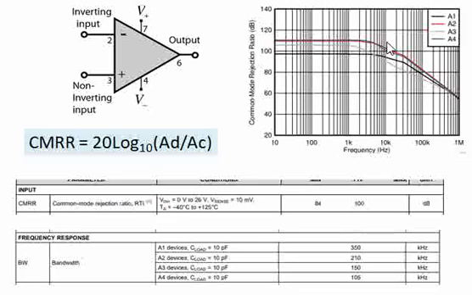From now on, if you are looking at the data sheet, you can definitely do your own calculations, but if you see a CMRR for an op-amp of around 100 dB, you can just blindly select it with respect to the CMRR parameter. Now, one important thing with respect to CMRR is that it varies with temperature, and also with frequency.